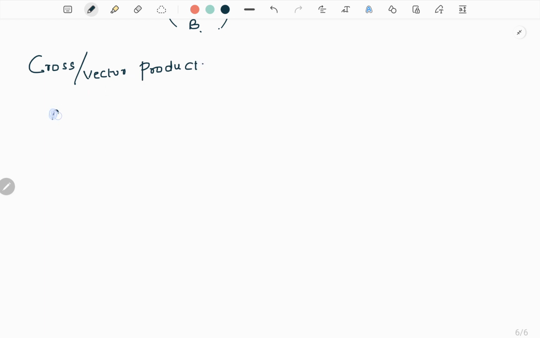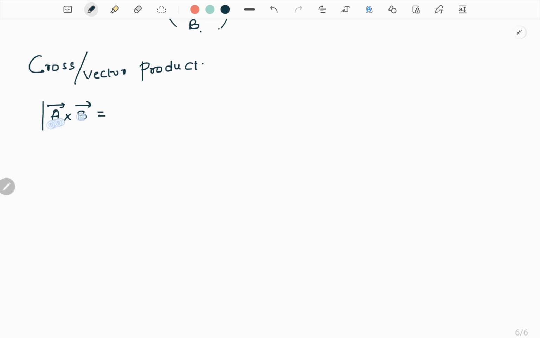So if you have two vectors, A bar and B bar, when you do the cross product of those two vectors, the result that you get is going to be a vector quantity, hence we call it a vector product as well.